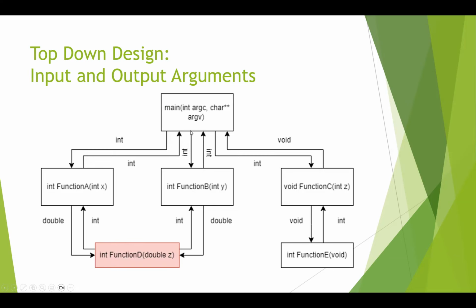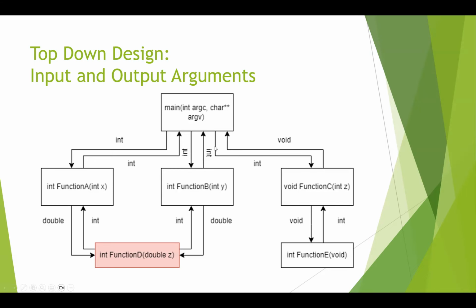Likewise, we can do the same thing now with function B. You'll notice that it also accepts an int y as well as returning an int, and it passes a double to our function D and then returns back an int from function D to our function B, and then ultimately that int or some other process occurs and then an int is returned back to main.